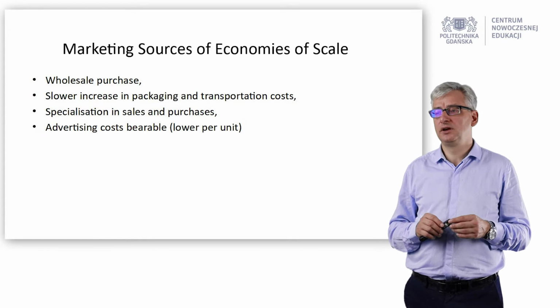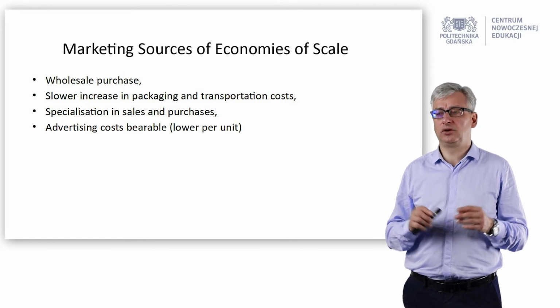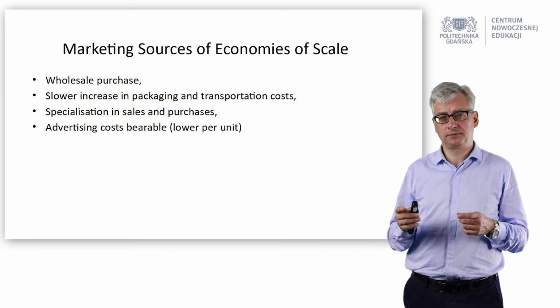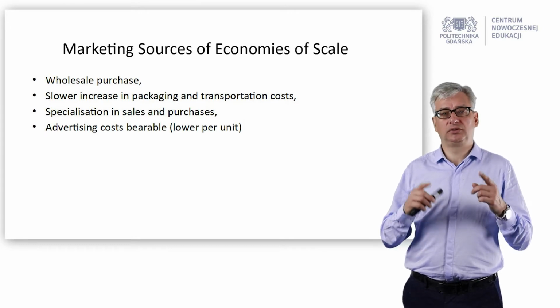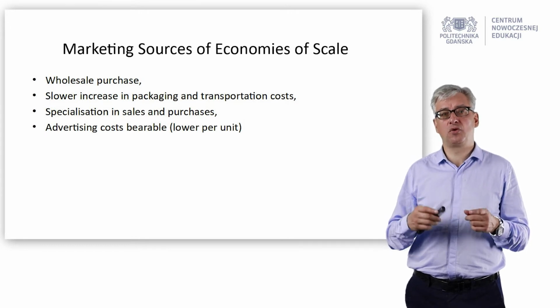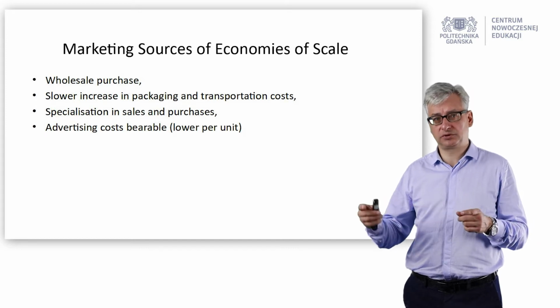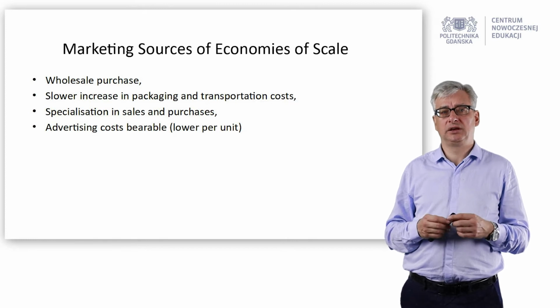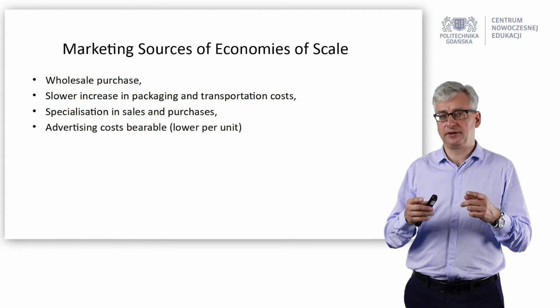The second factor is the cost of packaging and transportation. Those costs grow more slowly than your production. It is kind of based on the same idea as the rule of container, right?